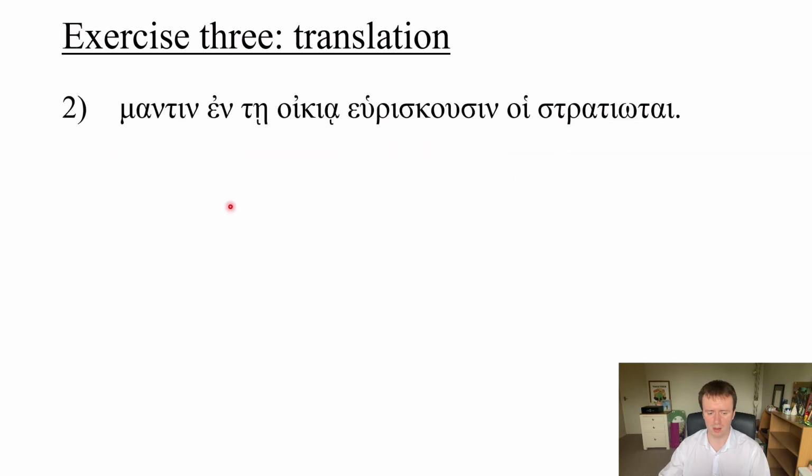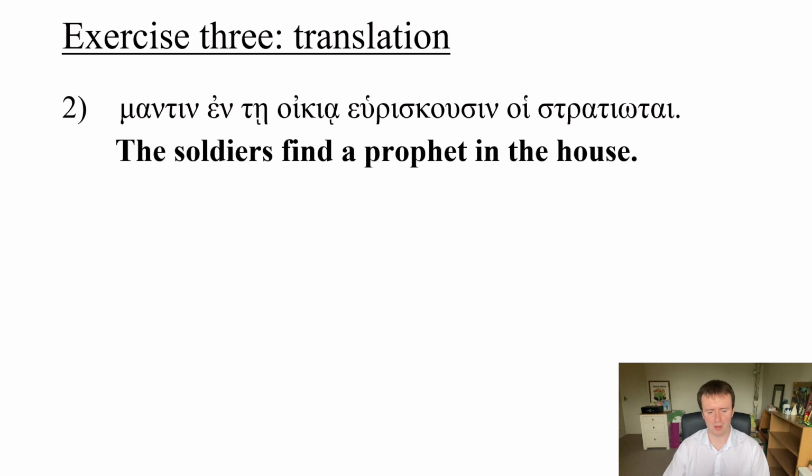Number 2 is mantin en tei oikiai heuriskousin hoi stratiotai. You should have translated this one as, the soldiers find a prophet in the house, or the soldiers find a seer in the house. Now, to go through this word by word, mantin is accusative singular.